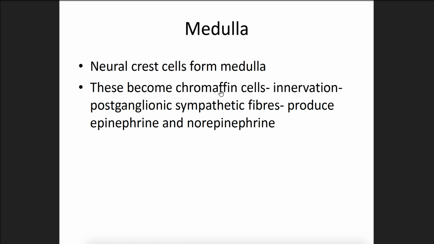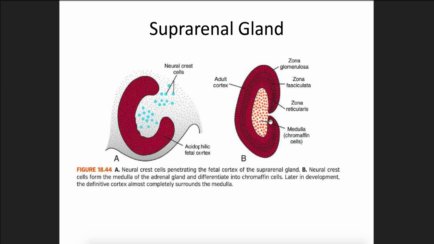These neural crest cells will transform into chromaffin cells, which are a modification of the sympathetic cell neurons. And these chromaffin cells of the medulla will be innervated by postganglionic sympathetic fibers. When these fibers are activated, they will produce epinephrine and norepinephrine. So these chromaffin cells will form the medulla, and these chromaffin cells will secrete epinephrine and norepinephrine.